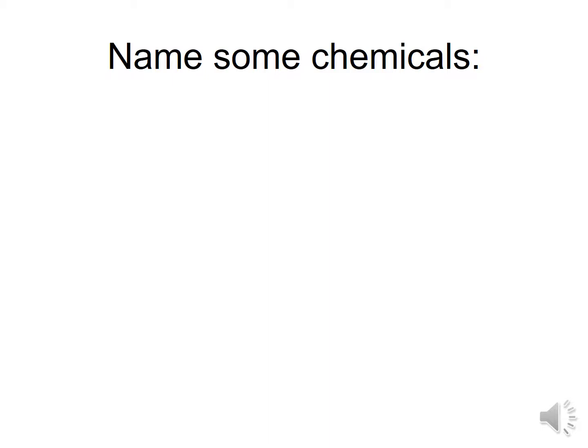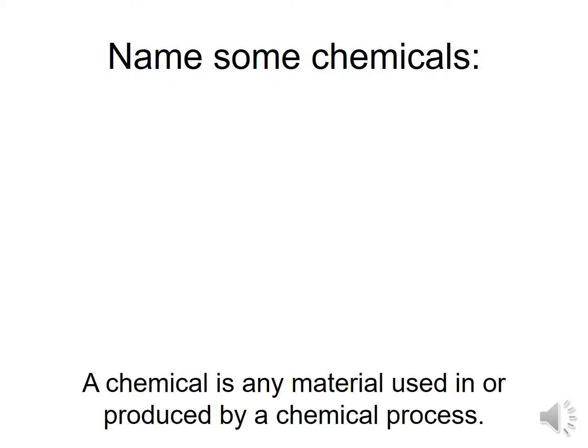If you've had the introduction to the course yet, then you know that 10% of your grade is going to be based on studying a particular chemical, a prescription drug, and you will be studying that drug in detail and creating a poster about it as part of your 10% of your grade for this course. So a chemical is any material used in or produced by a chemical process. So if a chemical process produces water, that means water is a chemical.